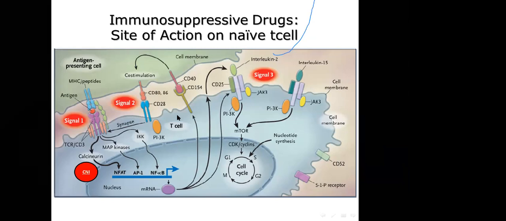And we have anti-CD3, which was sold as OKT3 and was removed from the market, and it's also a signal 1 inhibitor. We have the drug called belatacept. Belatacept is an inhibitor of CD28, which is the costimulatory signal, signal 2.